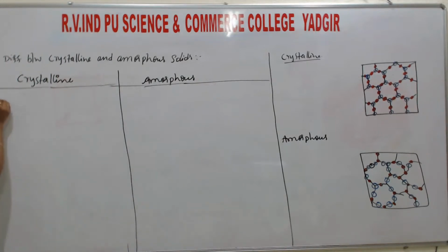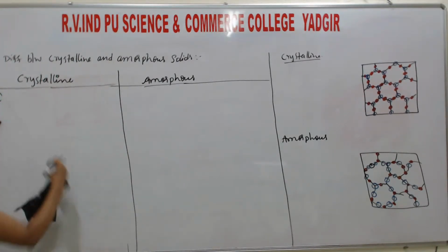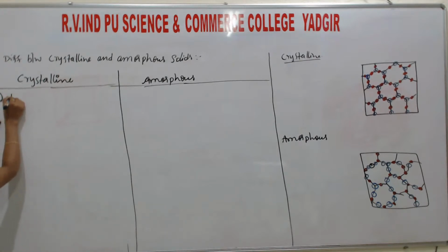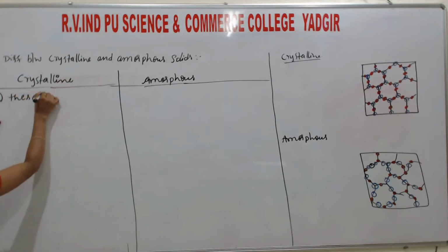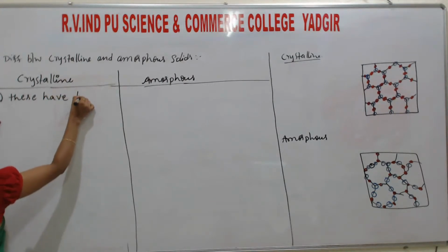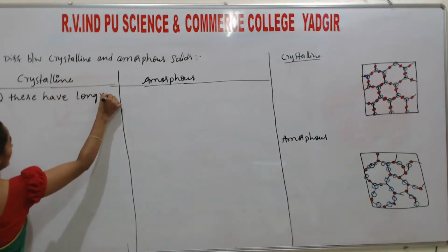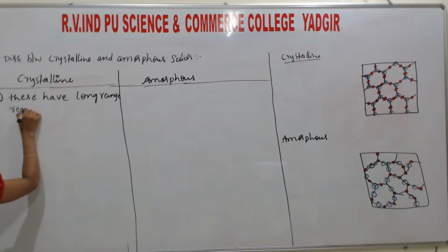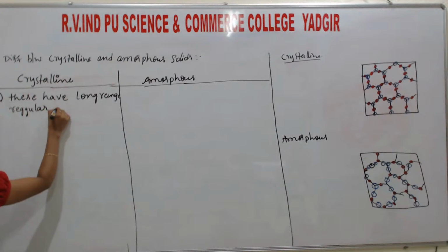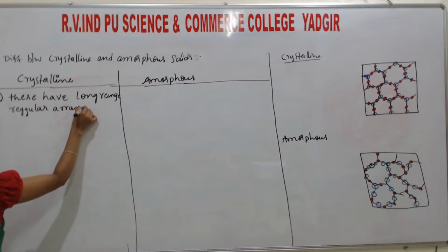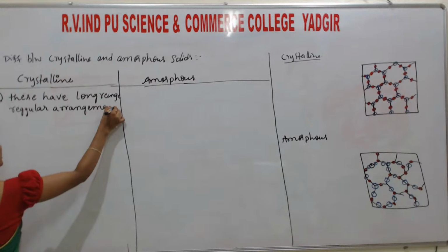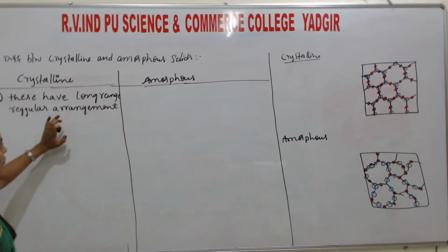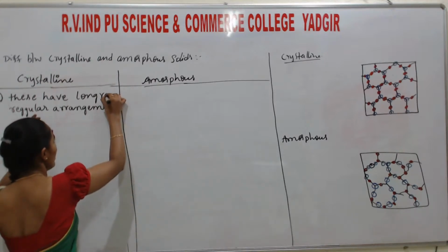Students, same time, the first one is crystalline solids. Don't write this, students. These have long range regular arrangement. These have long range regular arrangement.